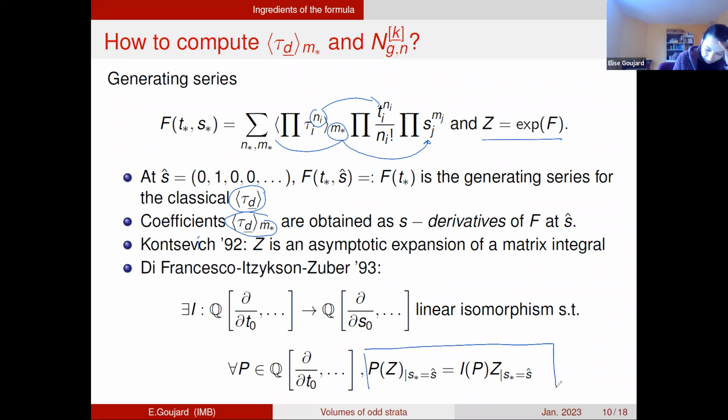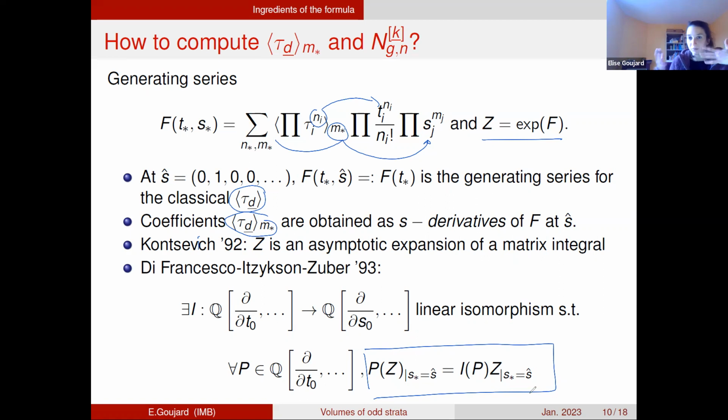What this says is that there exists some explicit linear isomorphism that you can really program and compute between the polynomials in t derivatives and the polynomials in s derivatives, such that when you look at t derivatives of these generating functions at this point, it's a linear combination of s derivatives of the generating function at the same point.